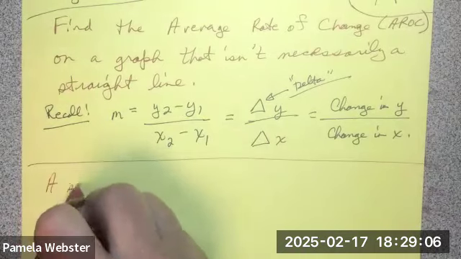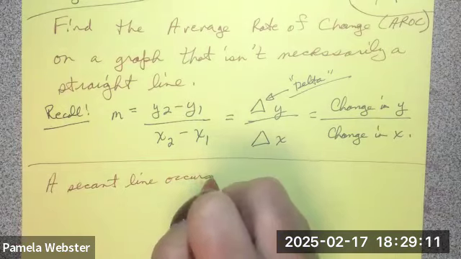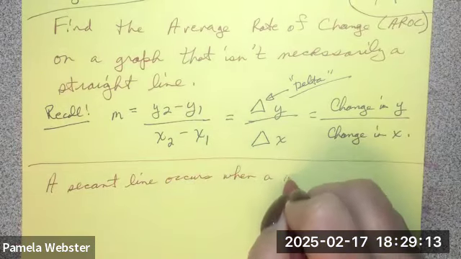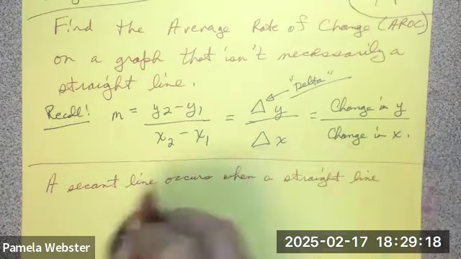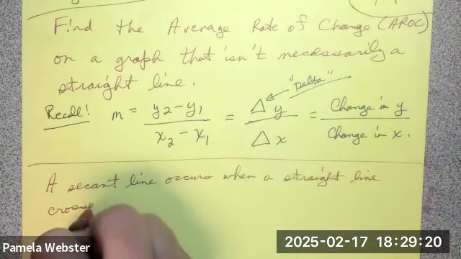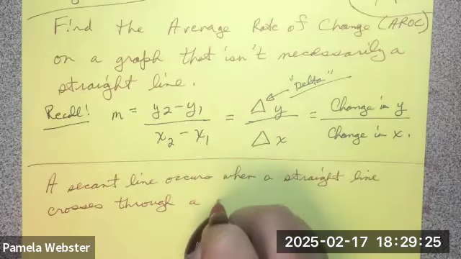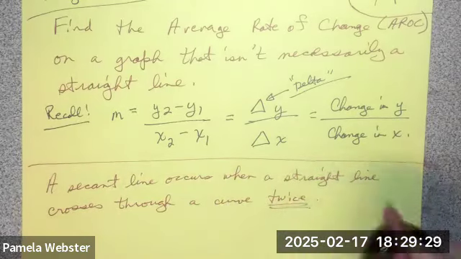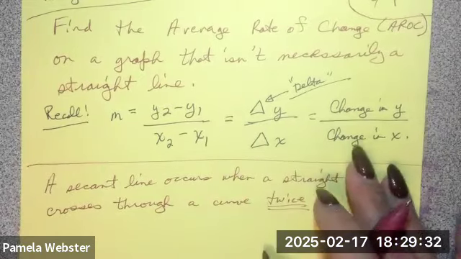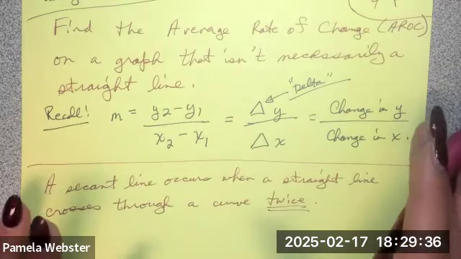A secant line occurs when a straight line crosses through a curve twice. Okay. It happens exactly twice. So that's kind of a definition. I'm going to move this. So if you need a pause to get that, go ahead.